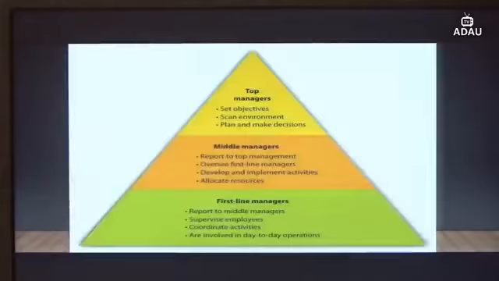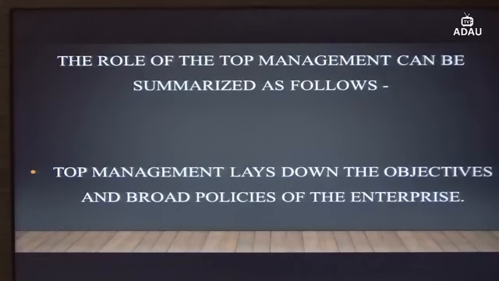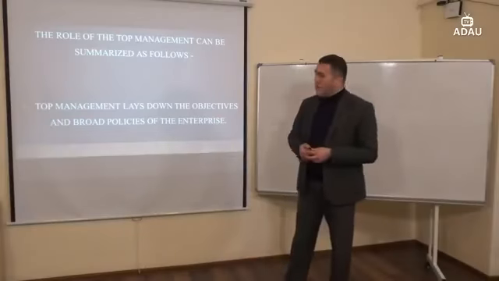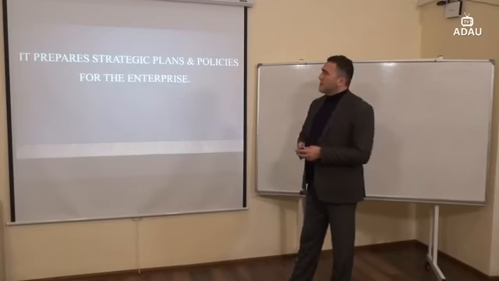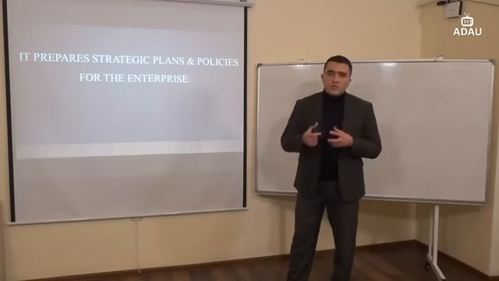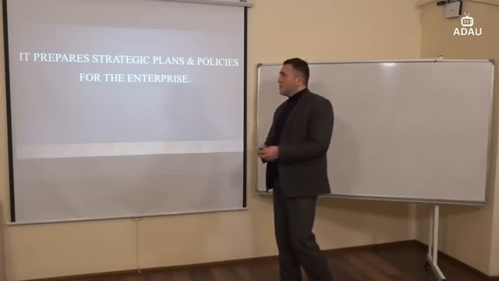And what is top management? Top management is the ultimate source of authority in an organization. It devotes much time to planning and coordination of all activities in the organization. The role of top managers we can summarize as follows. The top management lays down the objectives and broad policies of the enterprise. It prepares strategic goals and policies for the enterprise's economic growth.